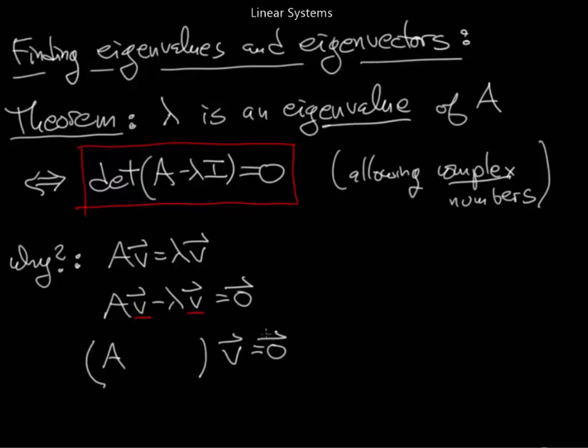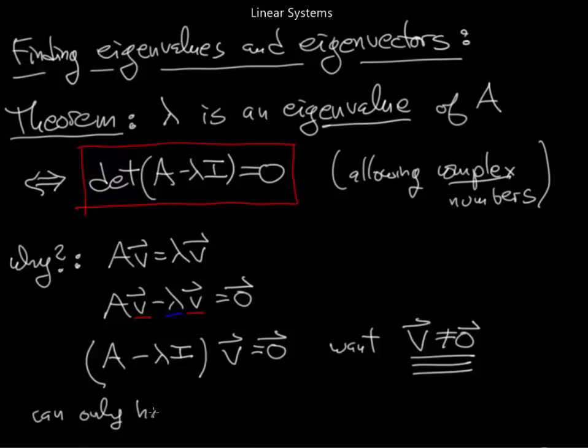The first term is Av, and the second term is minus lambda v. Well, in terms of matrices, that's lambda times the identity times v with a minus sign. So that's exactly the same thing as finding a vector such that A minus lambda I applied to it is 0. And remember, v is supposed to be non-zero.